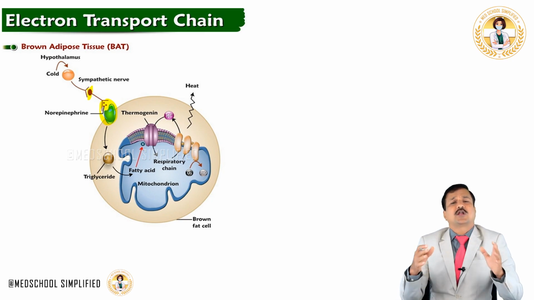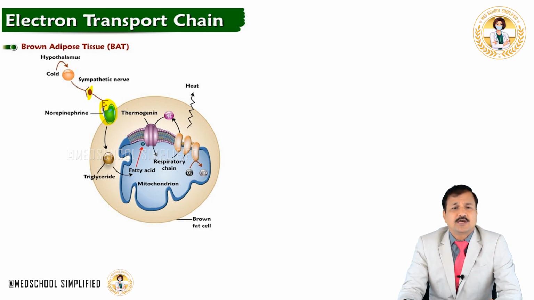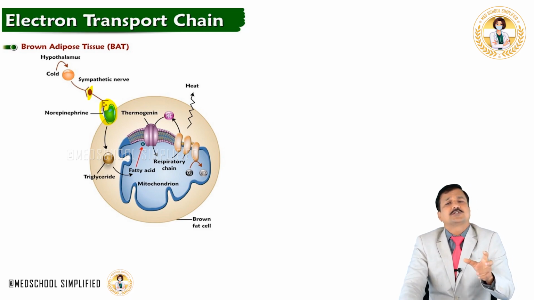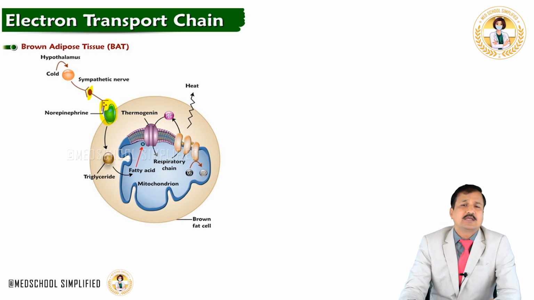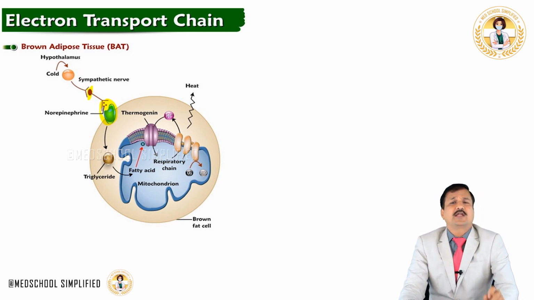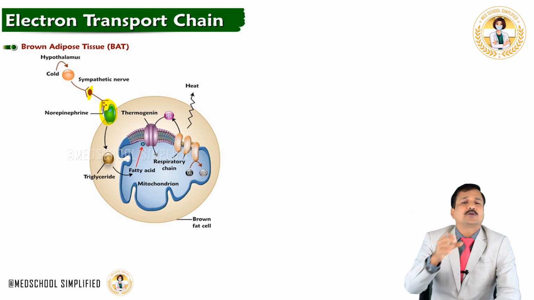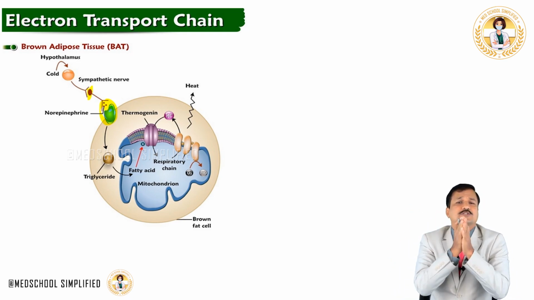Since the electron transport chain becomes inefficient here, that leads to accumulation of ADP or GDP, adenosine diphosphate and guanosine diphosphate, which indicates lack of energy in the system. So with accumulation of ADP and GDP, they will go and bind to thermogenin and close the thermogenin.